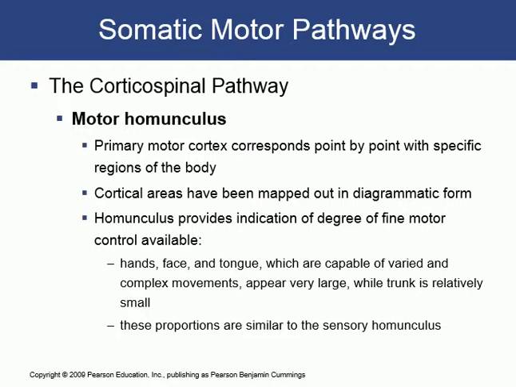Now the motor homunculus. We talked about the sensory homunculus, which is a map of the whole body in our cortex, so that when you stimulate a part, touch, pain, something, it will go to the cerebral cortex and stimulate a part, and your cortex knows that this is coming from this part.